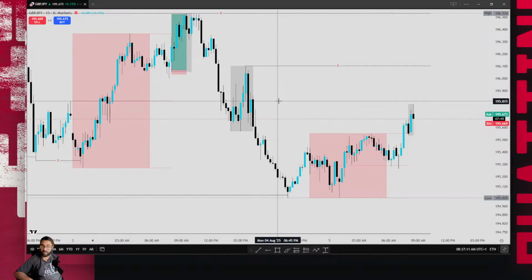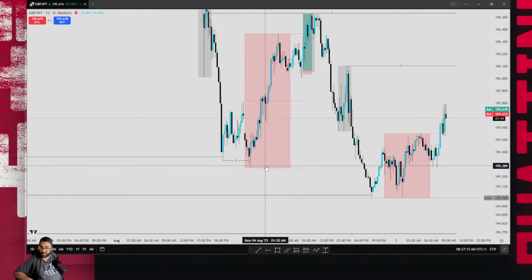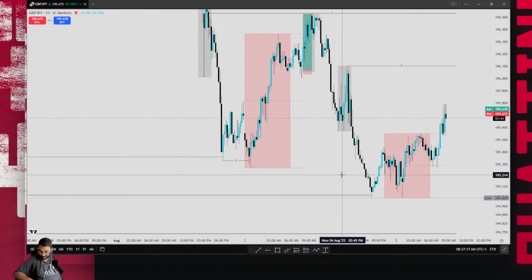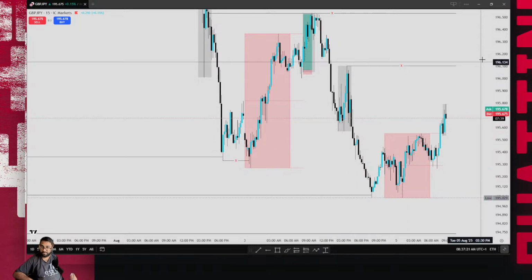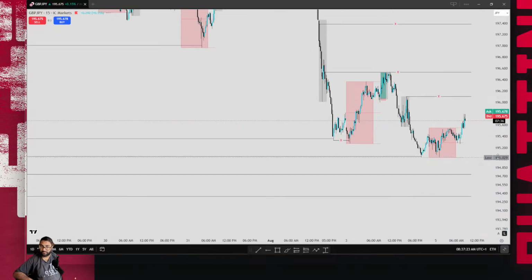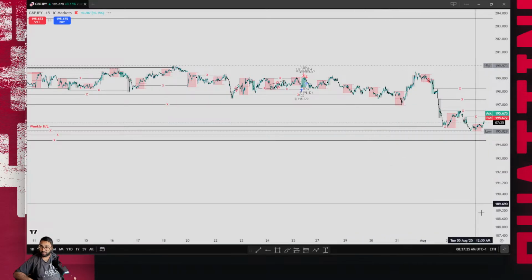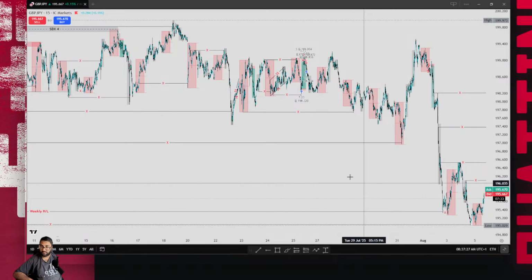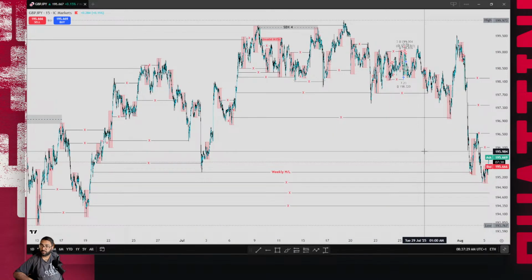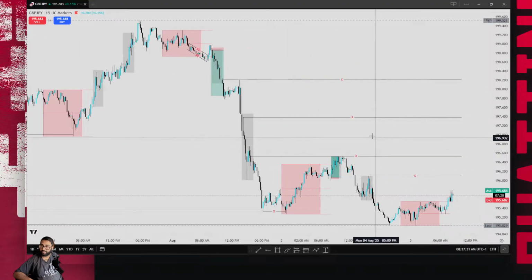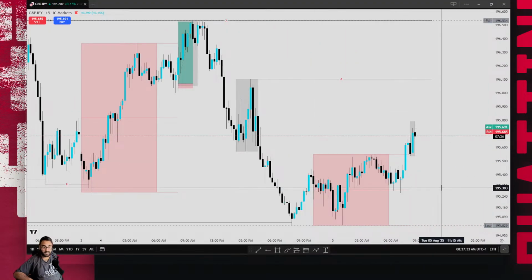So close to tapping into that M15 supply, which led to this low. Lower highs and lower lows and lower highs and lower lows.